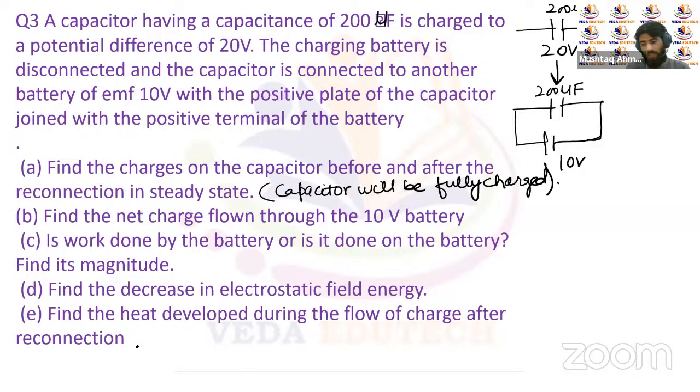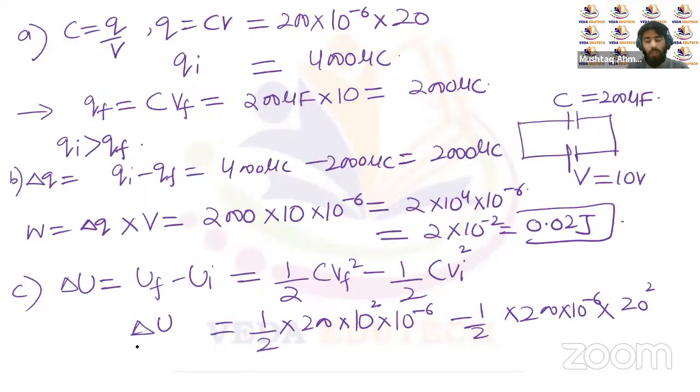We know that work has been done, and some part of this work will be equal to the change in the potential energy, and some part of this work will be released as heat during the flow of charge, or during the discharging of the capacitor, right? So the total work done will be equal to the change in potential energy of the capacitor and the heat liberated.